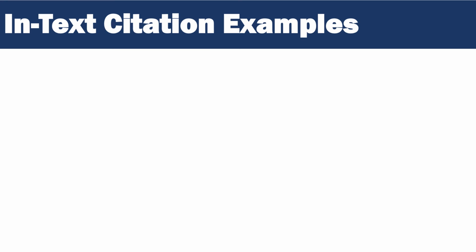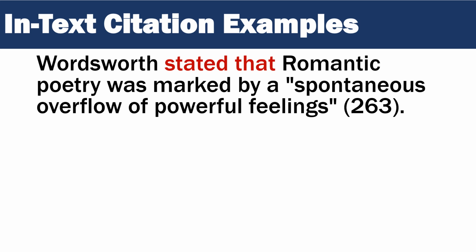The following are examples of how you can use in-text citations. The first is a quotation. Wordsworth stated that romantic poetry was marked by a spontaneous overflow of powerful feelings (263). The author, Wordsworth, is listed, and the page number the information came from is at the end.